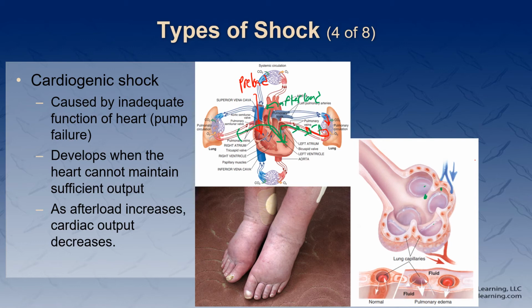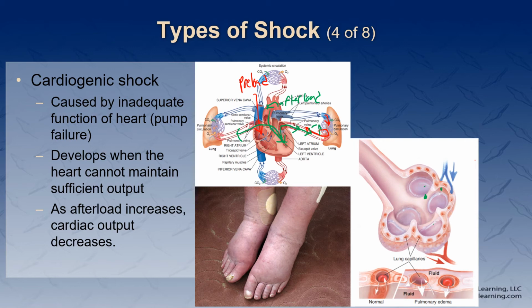So what ends up happening, I told you during the general respiratory lecture and then earlier in this one that the primary cause of right-sided heart failure is left-sided heart failure.